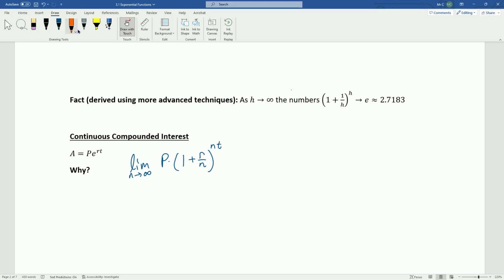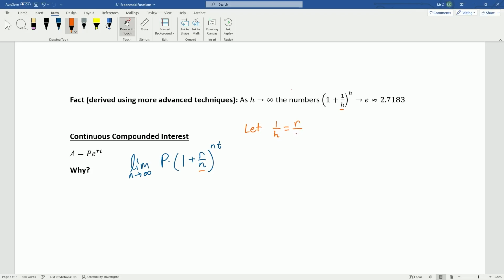Notice this expression for E has 1 over H in this same spot here. So what we're going to do is a little substitution. This is a pretty clever algebra trick for dealing with this strange limit situation.